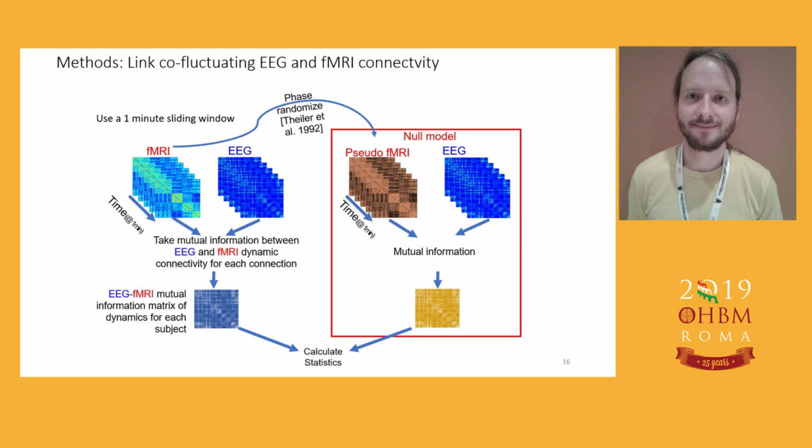And because the mutual information is some kind of random value, we test this against a null model, where we scramble the temporal dimension of the fMRI dynamic connectivity, and then again we compare this to all the different EEG frequencies, and then we compare this pseudo mutual information matrix against our real mutual information matrix.